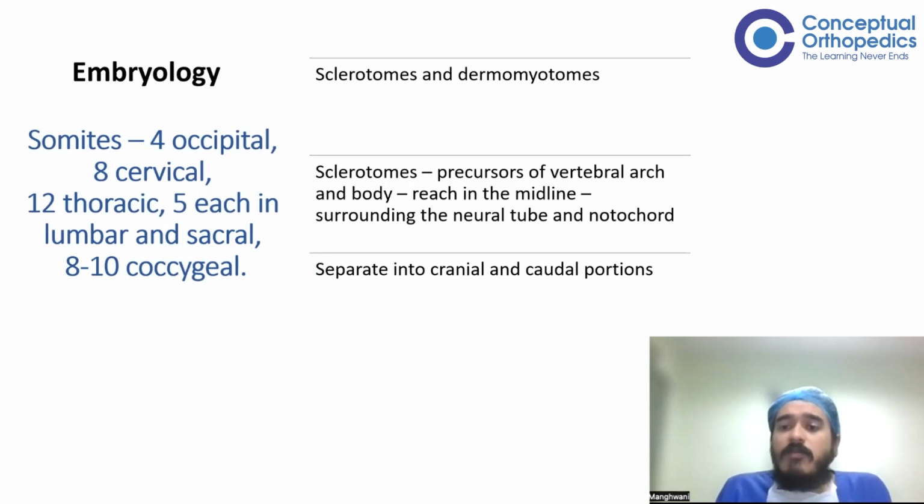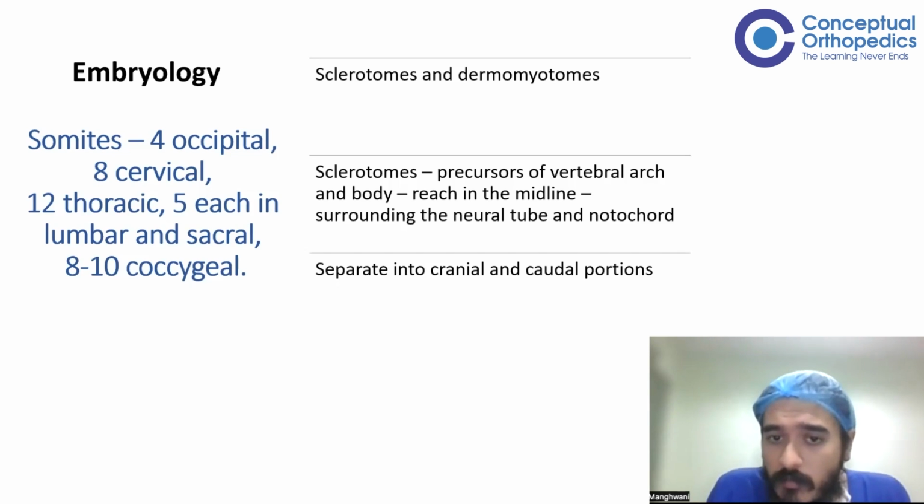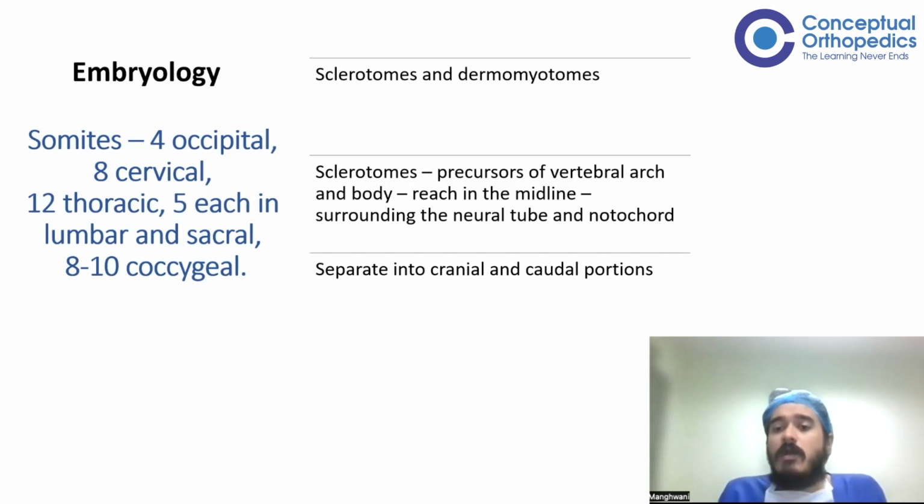Now the derivation is separated into the cranial and caudal portions. The sclerotomes are the precursors of the vertebral arch and the body, which reach in the midline, which surround the neural tube and the notochord. Overall, the spinal cord and the vertebrae around it are formed from the sclerotomes and dermomyotomes.